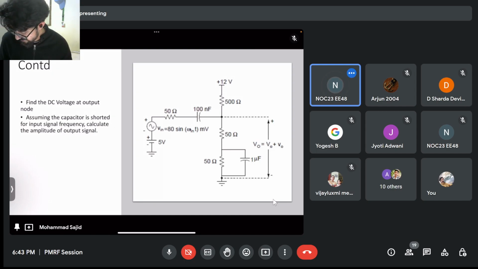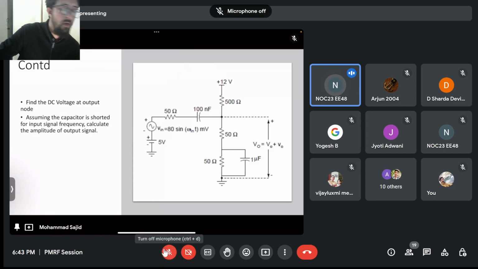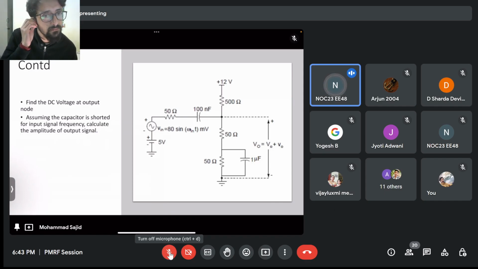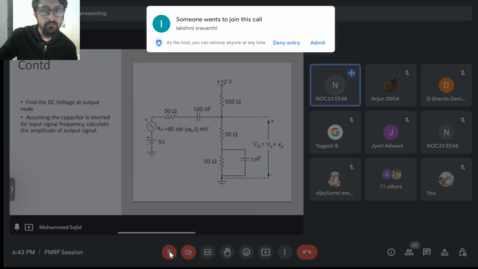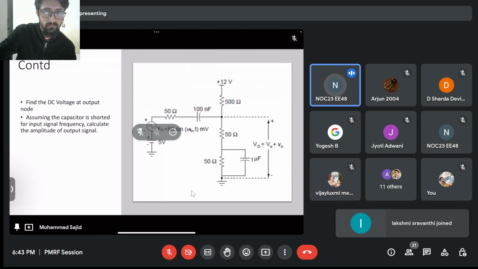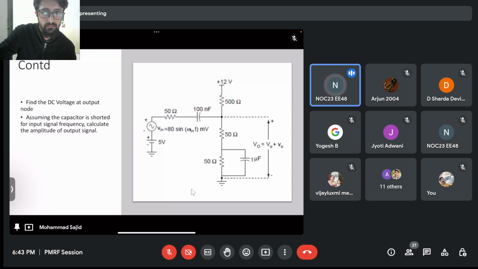Say, for example, if you see the present circuit displayed on Sajid's slide, it shows how to combine a target DC voltage and a signal. The signal source has 5 volt DC, and then you would like a signal which may have different DC levels, which you are looking for in a later circuit.